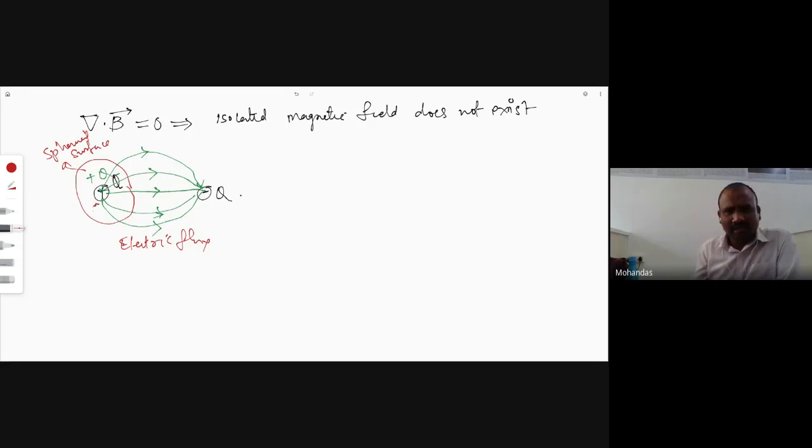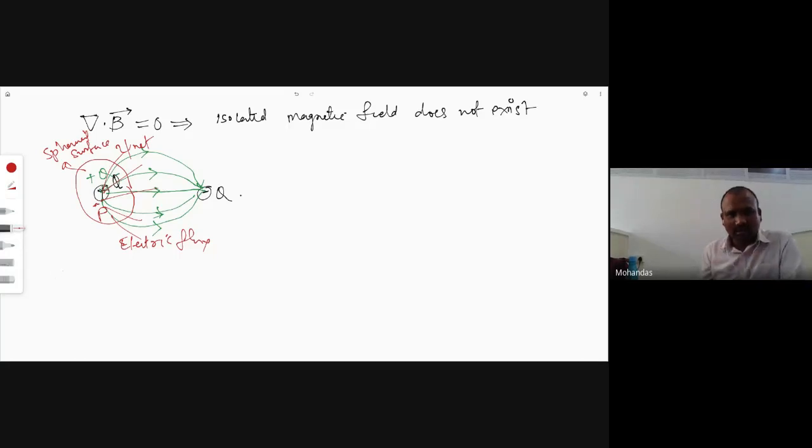That means if you take a point P, the location of the plus Q charge, all the electric flux lines are leaving. So in that electrostatic field, we can say the net electric flux, called psi net, which is leaving through a closed surface, is equal to the charge enclosed by that surface.